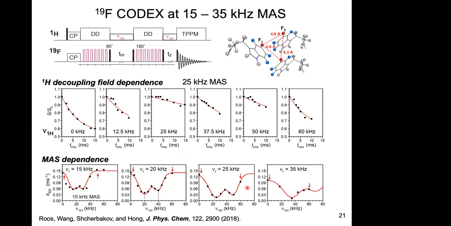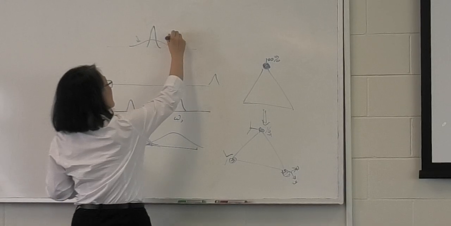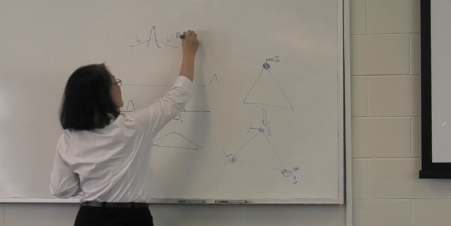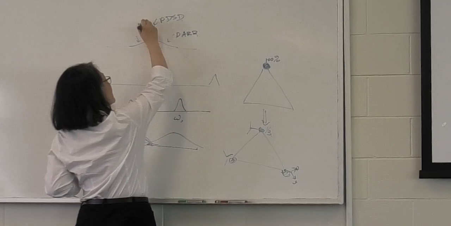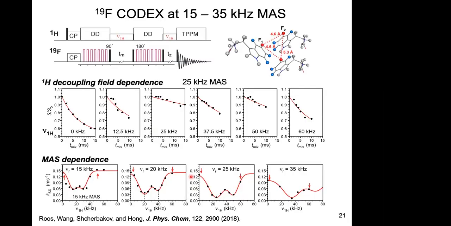So you're having a resonance condition, you're now recoupling. So this is the same thing as saying, don't do any recoupling when you're doing CODEX, because recoupling actually makes it worse. And so actually, this is the DARR. You don't want that. You want PDS. I just said it here. This is the one that is efficient. So, all right.